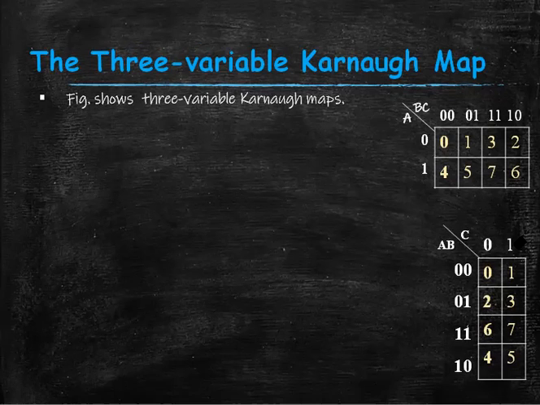Here also it is 8 squares. The difference is, in the first case, one variable is written on the left and the other 2 on the top, and in the second case 2 variables on the left and 1 variable on the top.